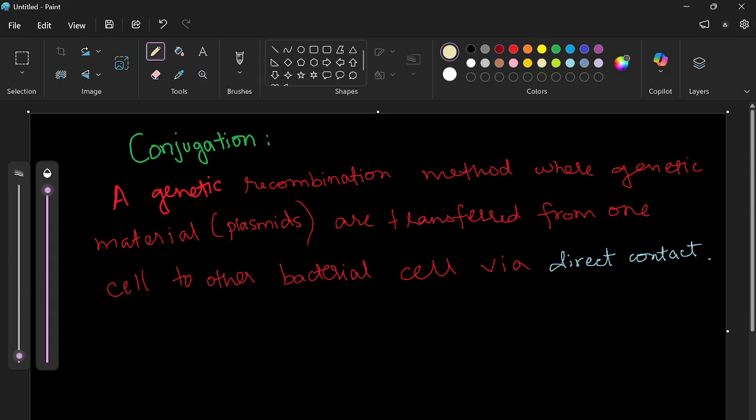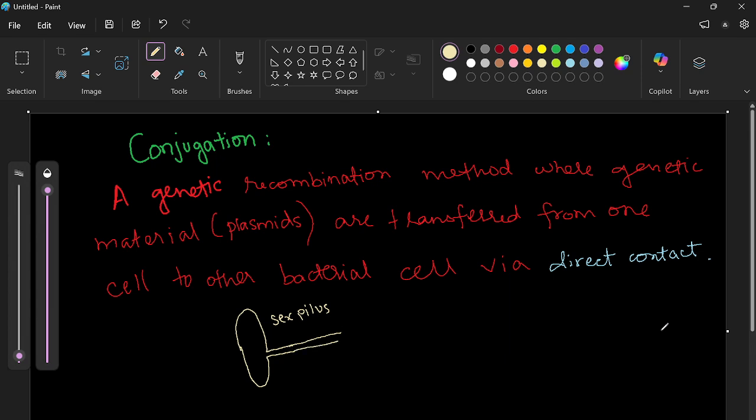So just suppose that this is a bacterial cell. Okay, this is a bacterial cell and this is a bridge. This is a sex pilus. And what is happening with this sex pilus?